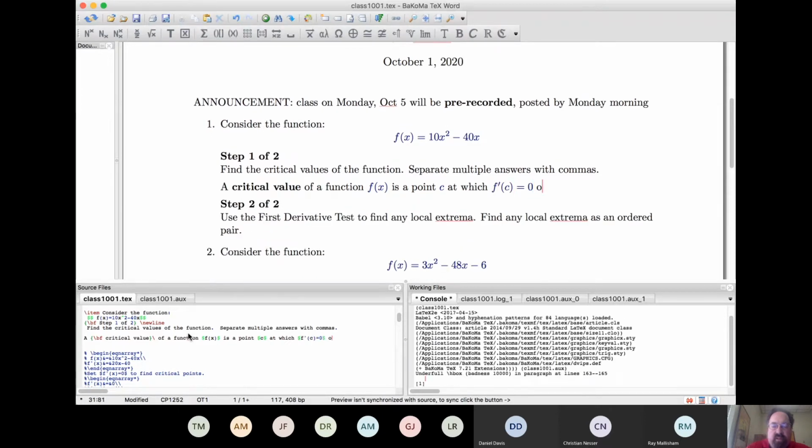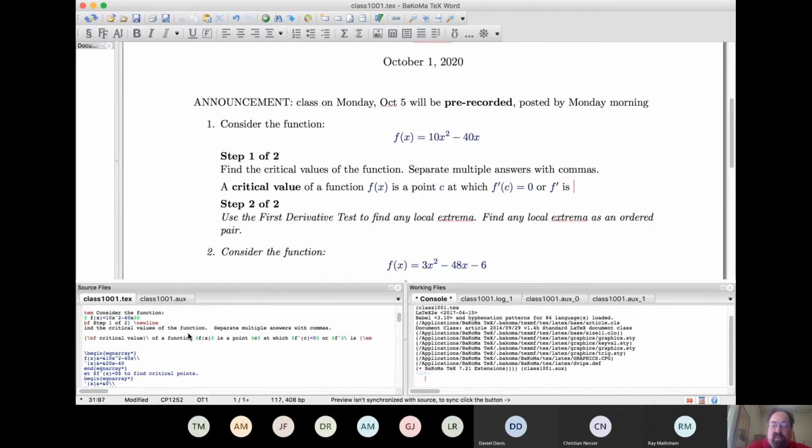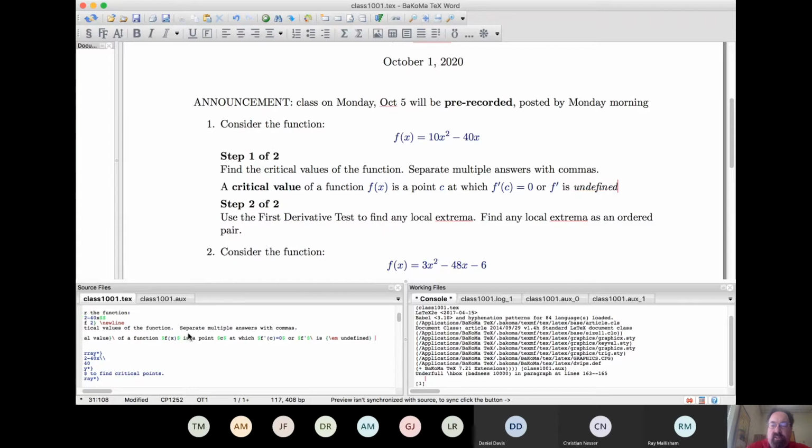There's one other possibility. What if the derivative is not defined at that point? As an example, suppose a function has a kink in its graph. For instance, it's decreasing, and then there's a sharp corner, and then it continues on from there. In a situation like that, the derivative at that kink is not defined because there's not a well-defined tangent line, but it's still considered a critical point because there might be a minimum or maximum there.